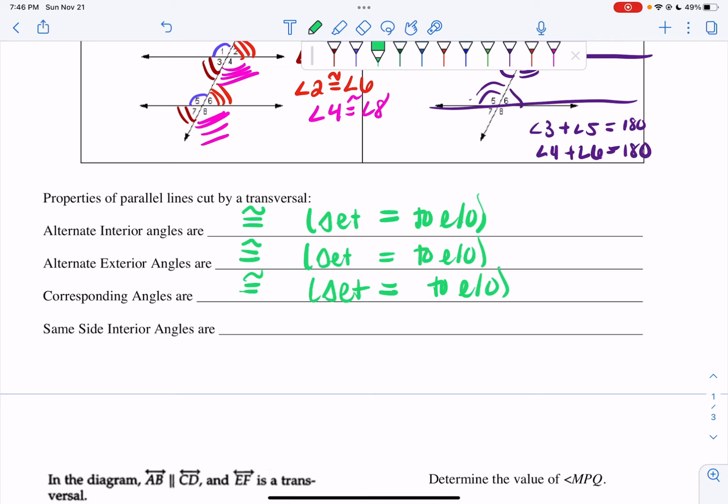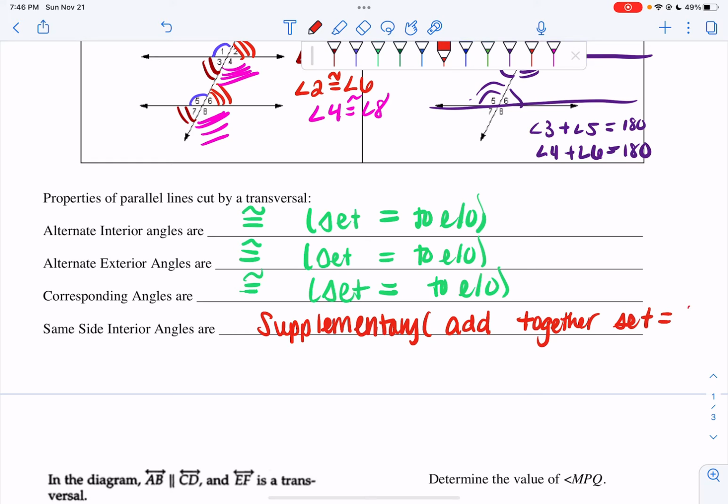And then last but not least, our same side interior angles are supplementary. So add them together, and then set equal to 180. And that's how you're going to approach those problems. Okay.